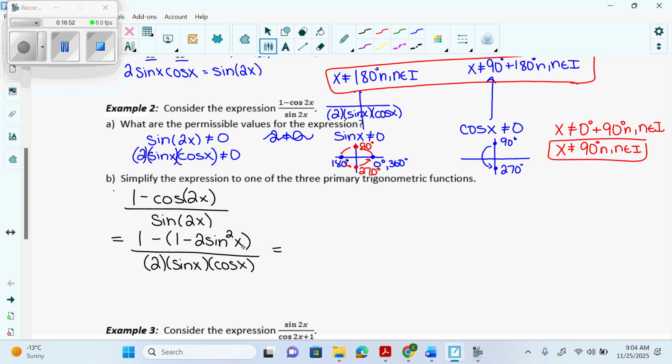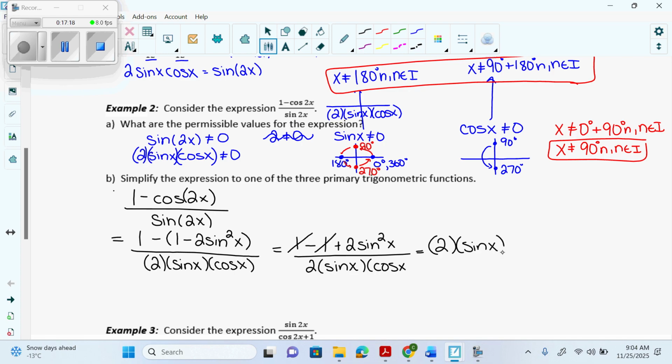Okay? So on the top, I'm going to get 1 minus 1 plus 2 sine squared x, because I have to remember to distribute that minus sign over, all over 2 sine x cos x. These cancel off. On the top, I'm left with 2 sine squared x, which is the same as 2 sine x, sine x.